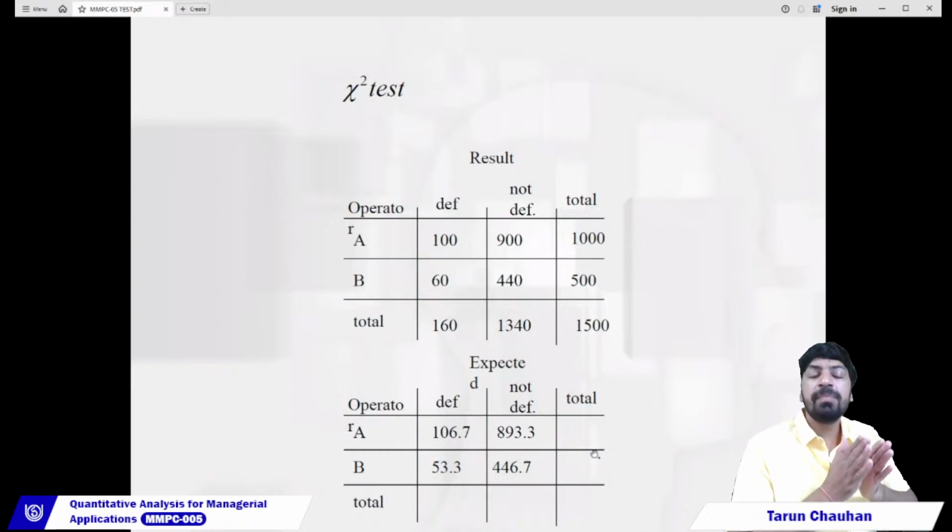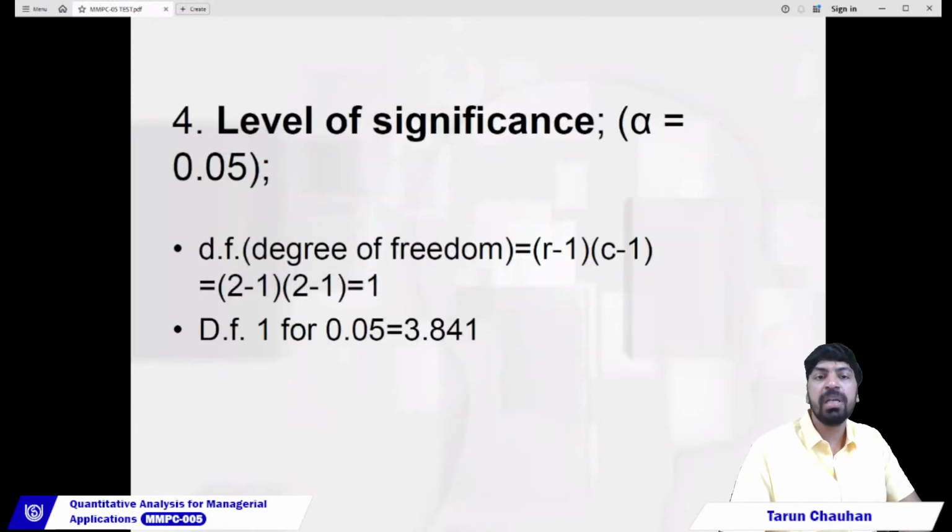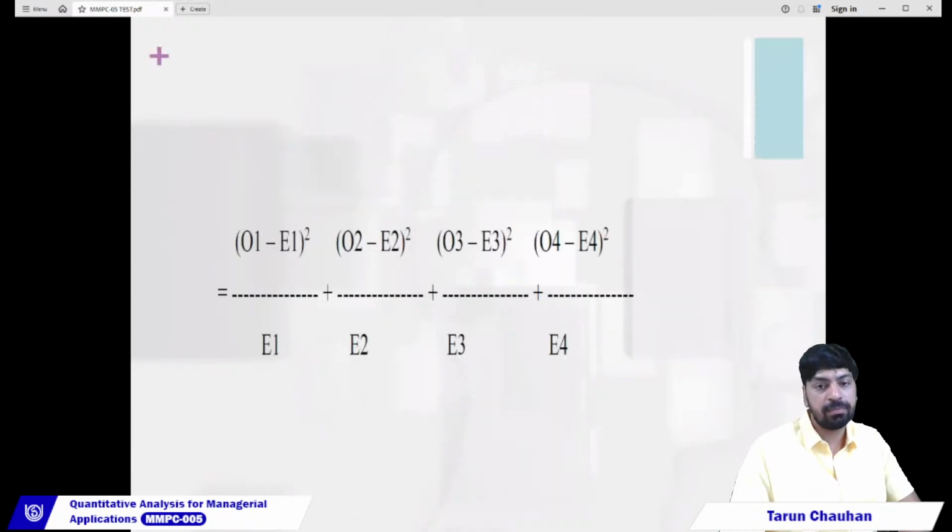So you have to subtract from observed O minus E, square it, divide by the expected frequency and add it together, and that's called the chi-square value, which has been shown in this formula. There are four observed frequencies, so four values of chi-square to be calculated.